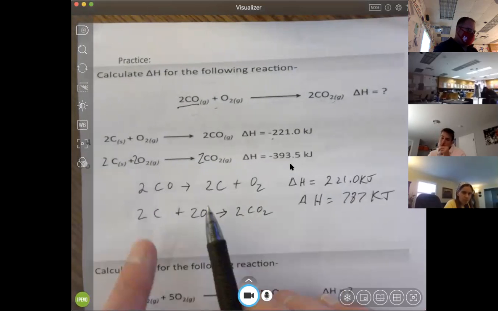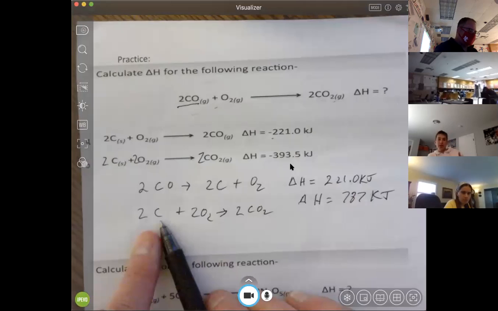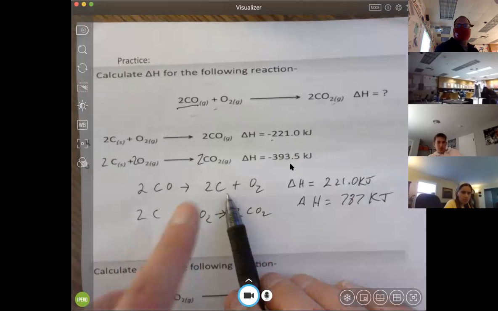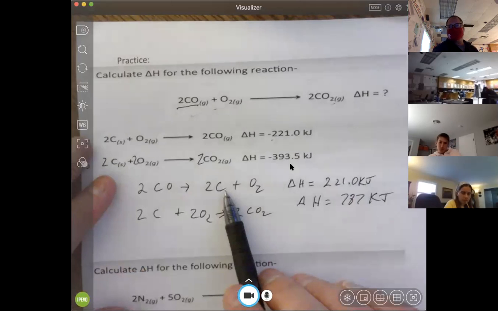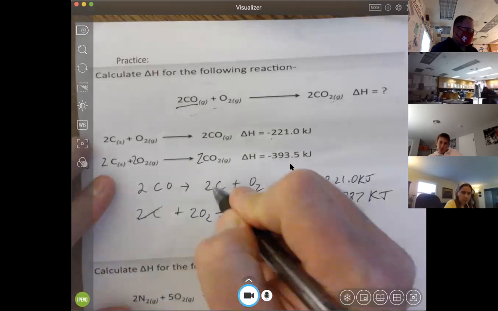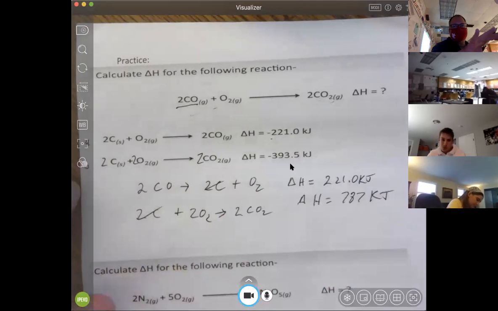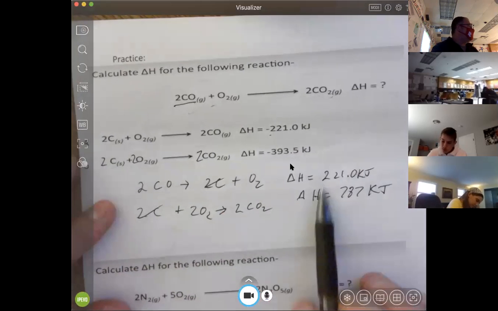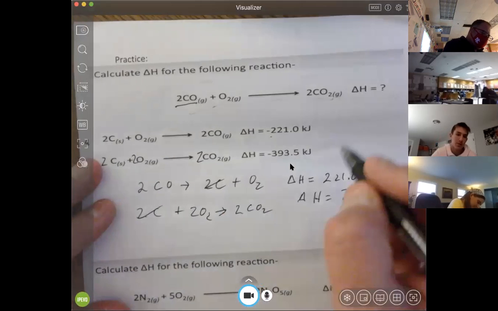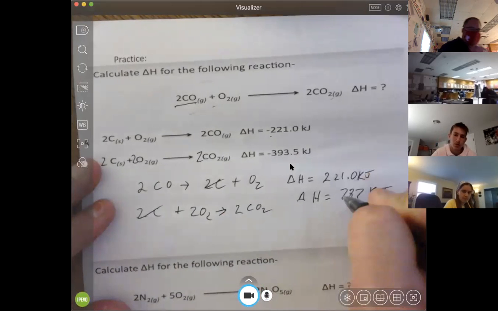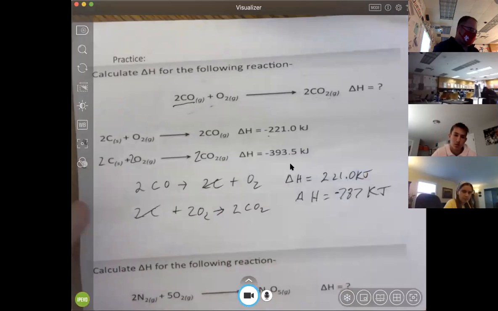Well, here we have 2C on the reactant side of this reaction, and here we have 2C on the product side of this reaction. So just like whenever we cancel out spectator ions, we can cancel out these as well. Now, we wouldn't really cancel these out in the reaction. All we're worried about is the energy being set up correctly. Do they have to be on opposite sides? They have to be on opposite sides of each reaction.